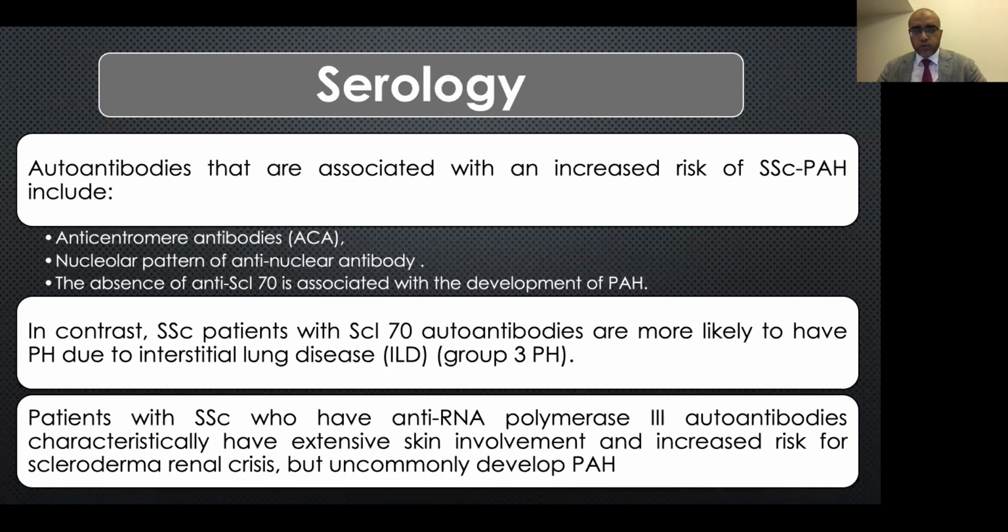In contrast to other markers like anti-RNA polymerase 3, which is commonly associated with scleroderma, this group of patients has more extensive skin involvement and increased risk of renal crisis, but it is very uncommon to have pulmonary arterial hypertension. So the presence of these antibodies should be taken with caution, as these patients could have a higher prevalence of developing pulmonary artery hypertension.